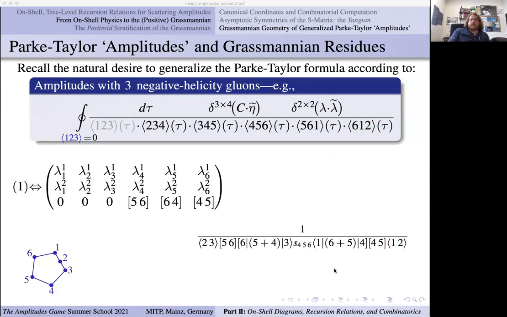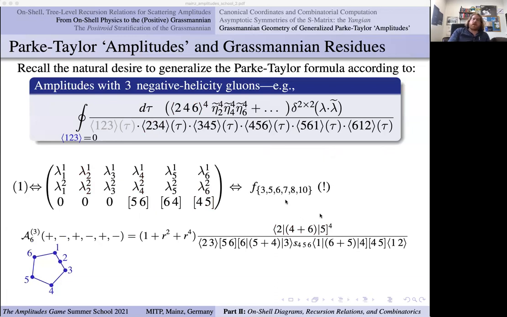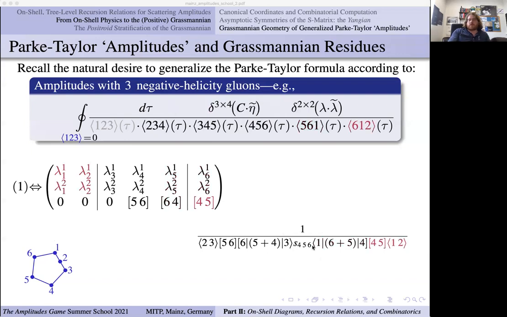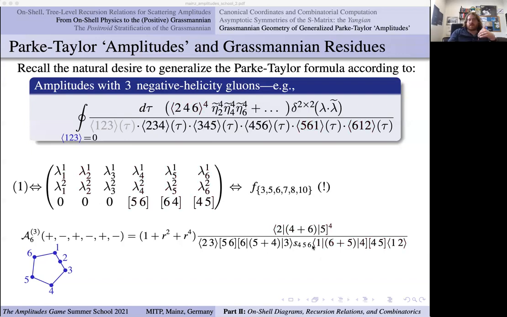And it turns out that this thing, for example, if you take the alternating helicity amplitude, or a component of it, is exactly one of the terms that occurs in BCFW.